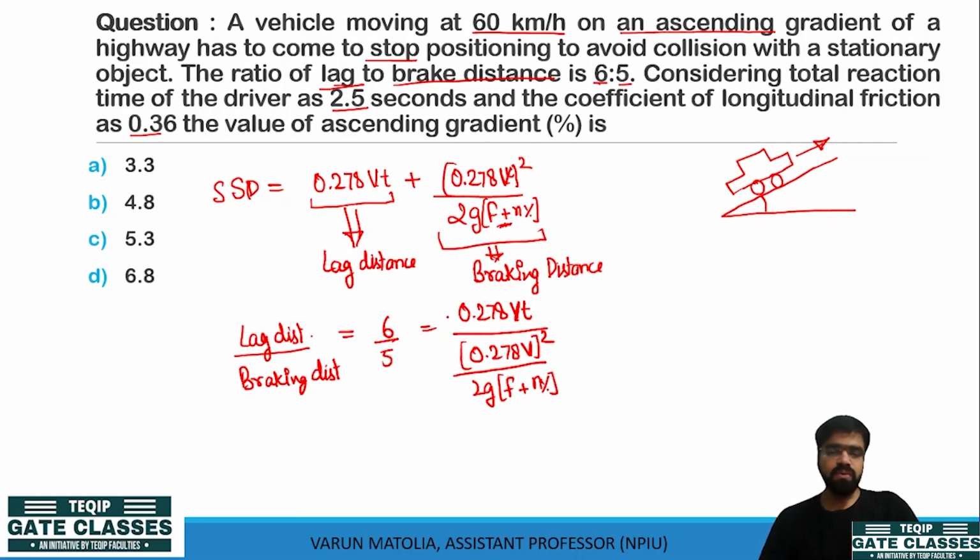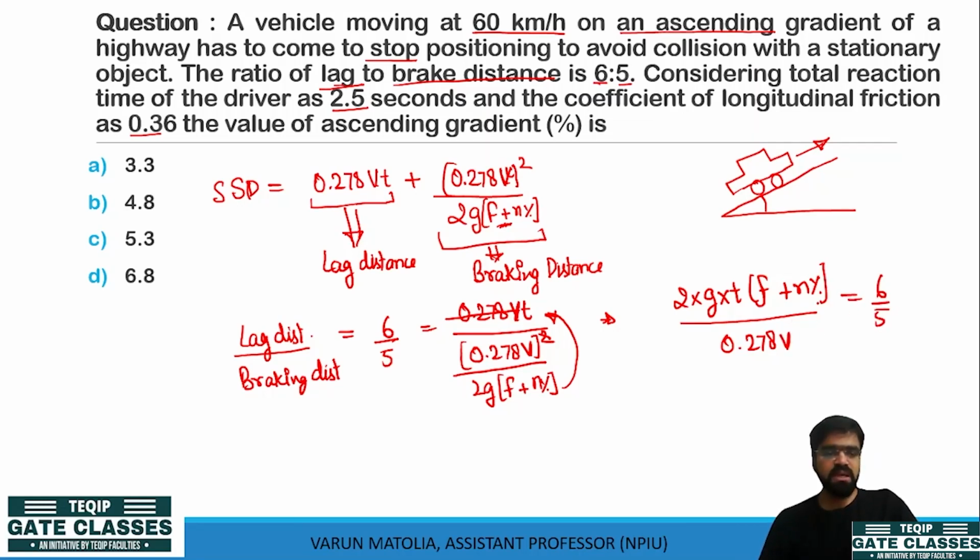We can cancel V, and simplify it as 2g t, F plus n percent, divided by 0.278 times V. This is equal to 6/5.